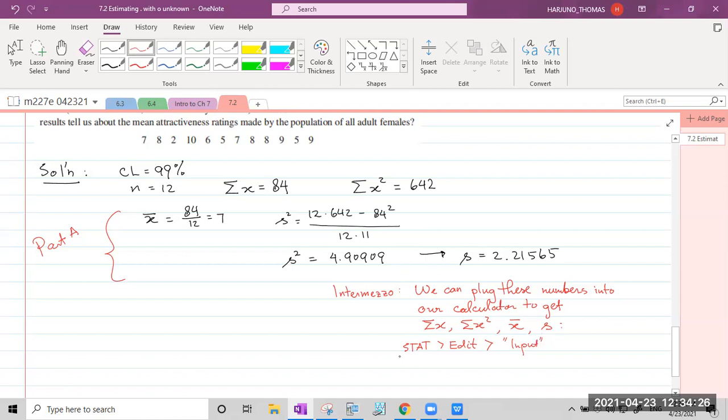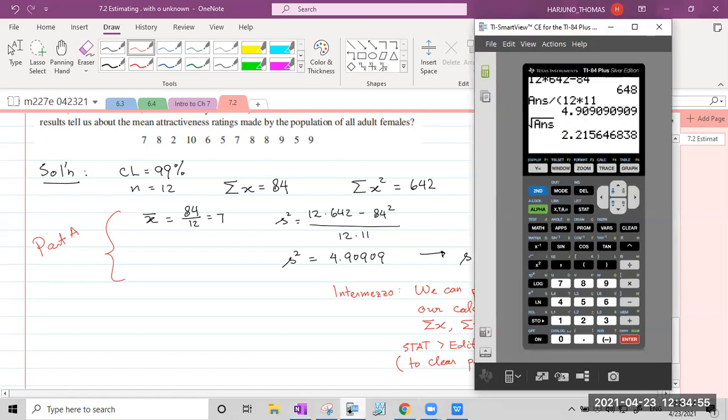But you may want to clear the data in case there is anything in your calculator. To clear previous data, you go to stat and then clear list.